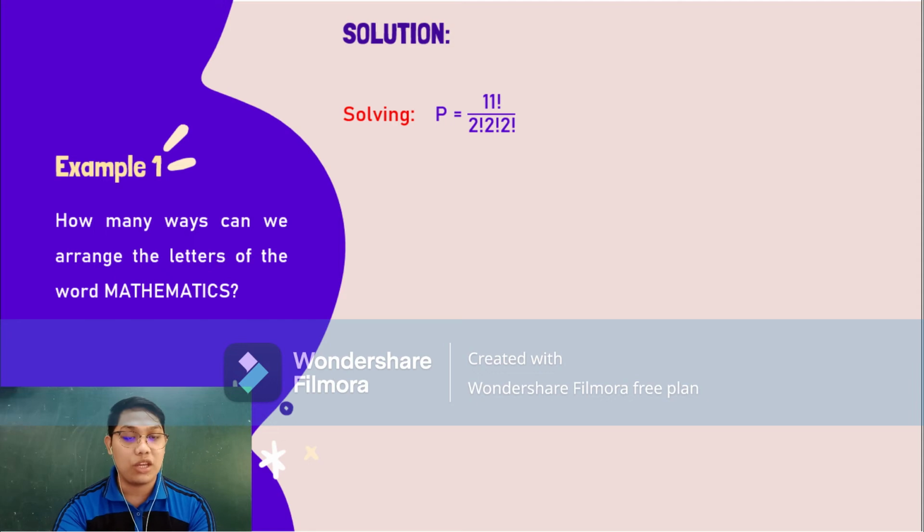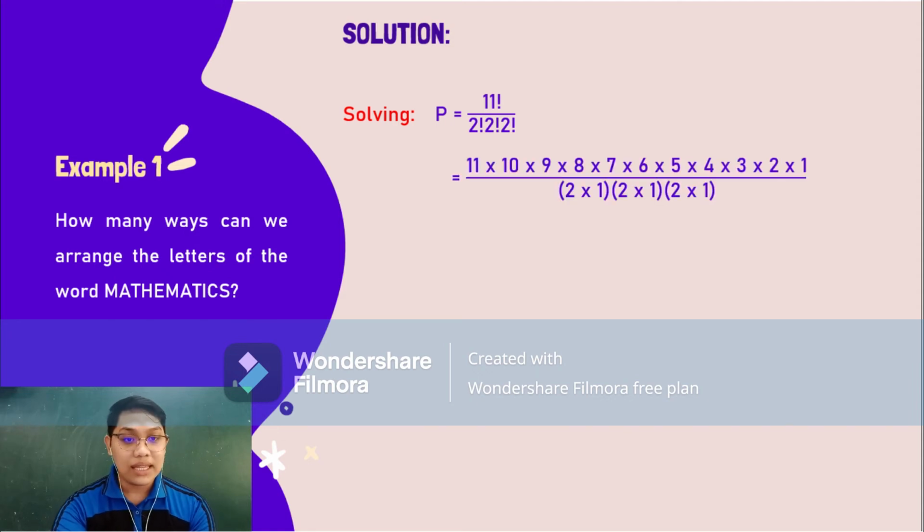Then, next, 11 factorial is equal to 11 times 10 times 9 times 8 times 7 times 6 times 5 times 4 times 3 times 2 times 1. Then 2 factorial is 2 times 1. Since naa man tay tulo ka 2 factorial, so 2 times 1 times 2 times 1 times 2 times 1.